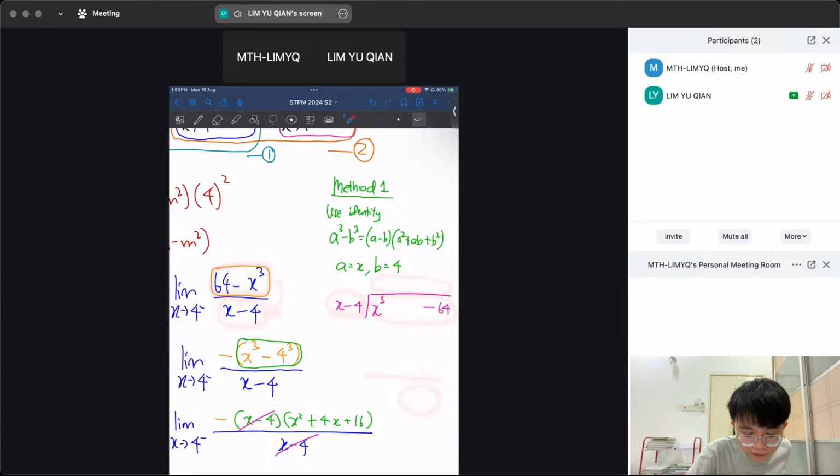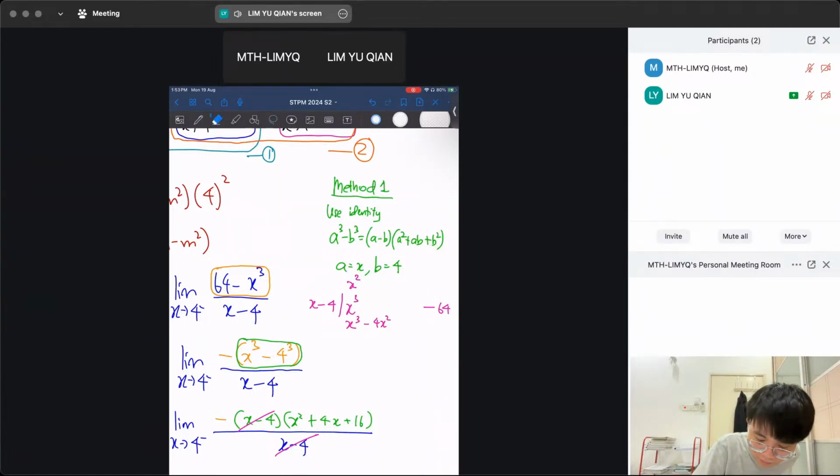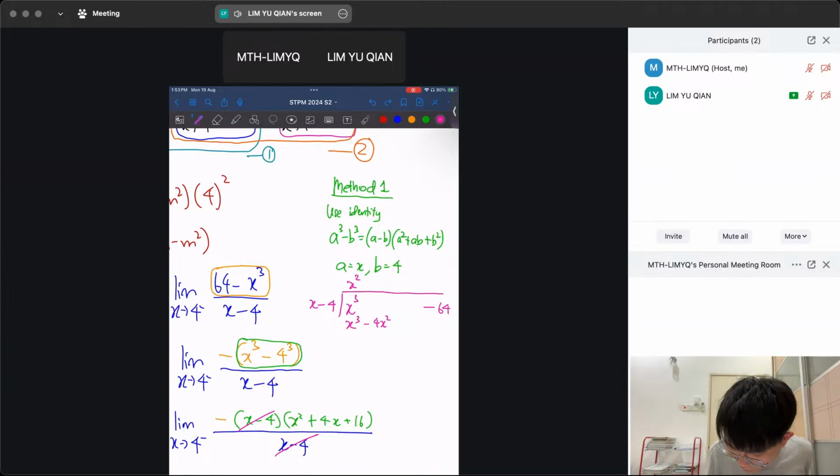So let's try. x squared: x cubed minus 4x squared goes away. Then minus, so positive x squared, 然后是 plus 4x squared minus 16x over 16x minus 64.